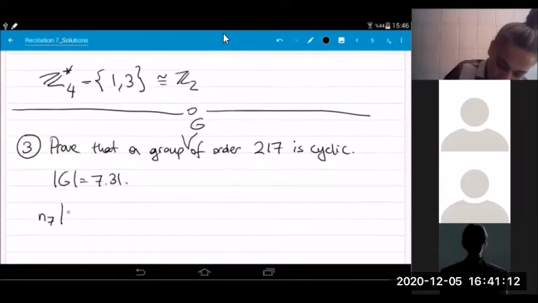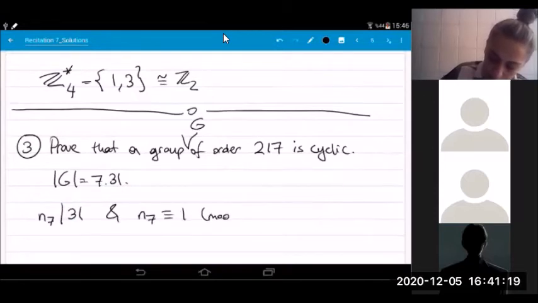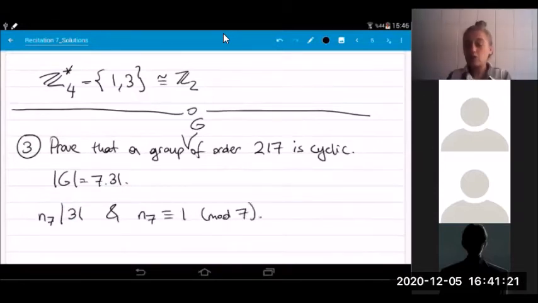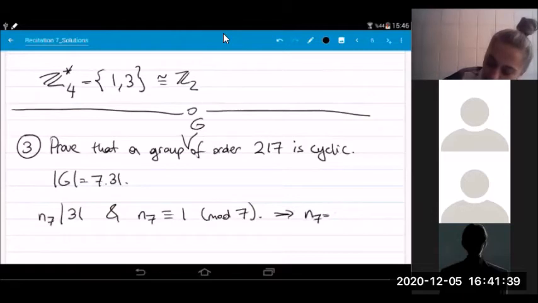We know that this should divide 31, and n7 has to be 1 modulo 7. Since 31 is a prime number, the only divisors of 31 are 1 and 31.